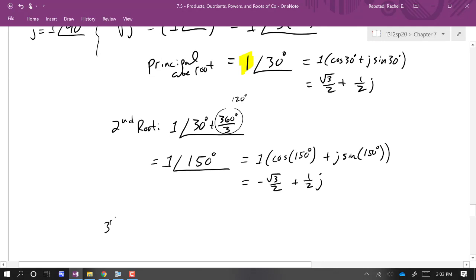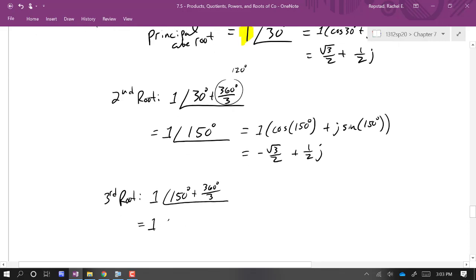And then the third root, I'm going to take the previous angle and add 120 again. So 120 plus 150 is 270.